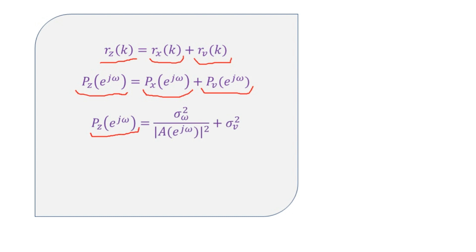It will be sigma suffix w square, the variance as represented in the first part here, divided by the mod square of A as a function of e to the power j omega, added with sigma suffix v square. So that is the variance. So the second part we have taken from the given problem statement here.